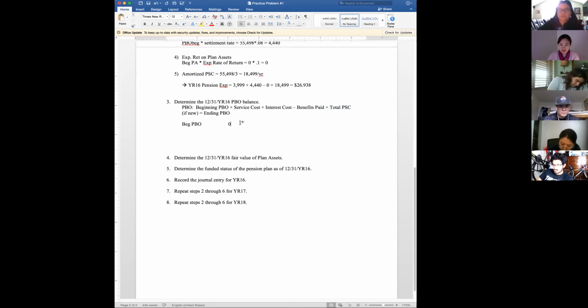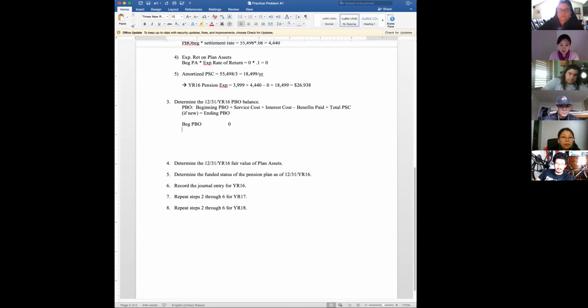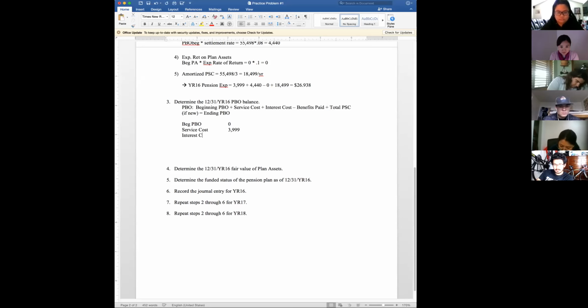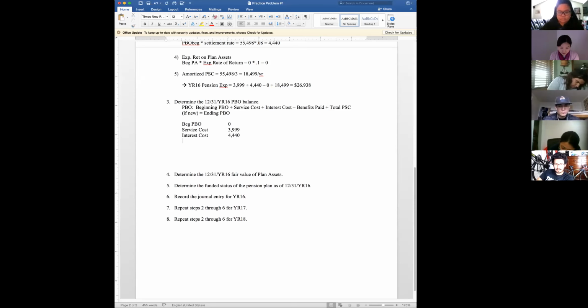But since it's new, we didn't have any beginning PBO balance. Add the service cost that we calculated above, 3,999, interest cost 4,440, and then benefits paid. Benefits paid will be the amount of retirement checks paid out of the plan asset. We didn't have any, so that's 0.